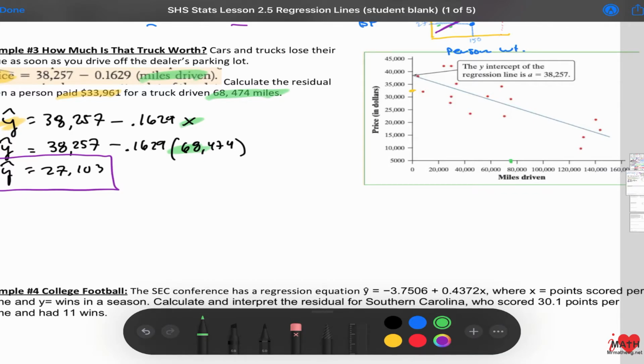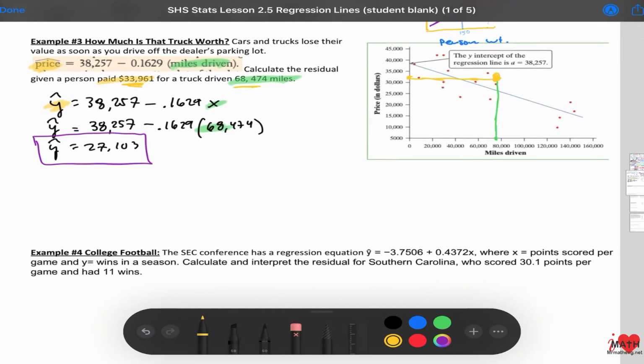I'm just going to do my best, okay? My point of intersection. This is the ordered pair, 33,000, 68,000. Is this above or below? It's above. So I predict that this person overpaid for that car. Does that make sense?